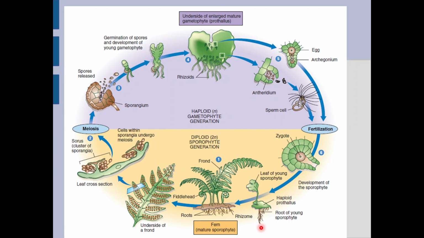And this is the life cycle of the fern. The life cycle alternates between the diploid sporophyte with rhizome, roots, and frond, and the haploid gametophyte, the prothallus.